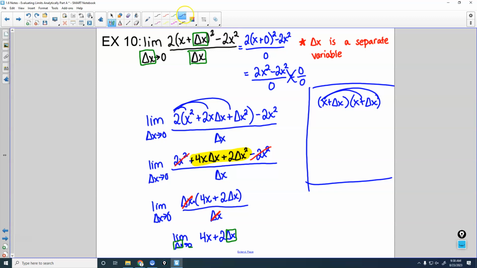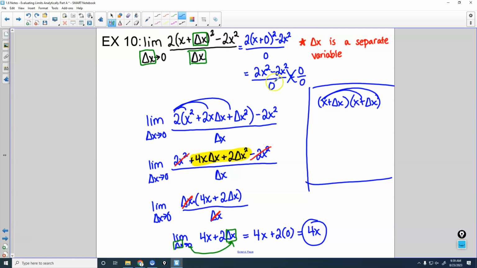So when I plug in, I'm just plugging in 0 for my delta x. That means your answer for this problem still has an x in it. I got 4x plus 2 times 0, which means I'm just getting 4x. So you actually still have an x in your answer here. Sometimes you have delta x problems where you get just a number, but most of the time they still have an x left in the answer.